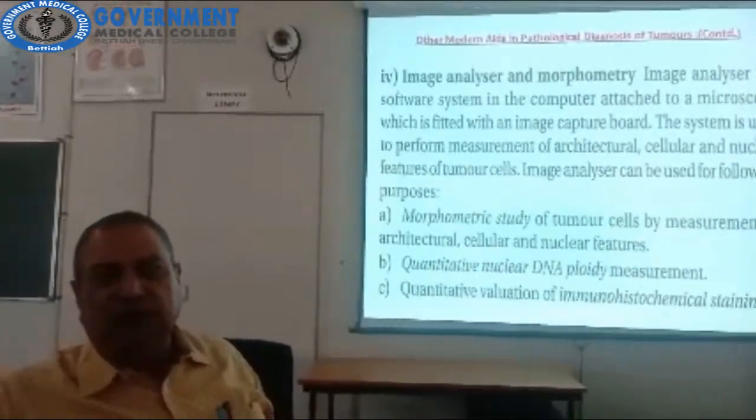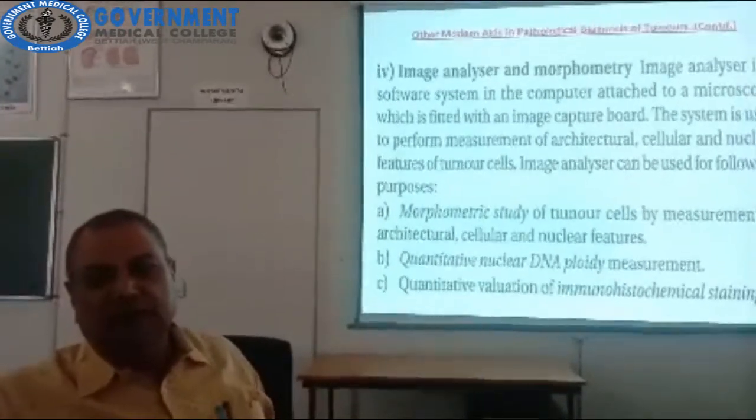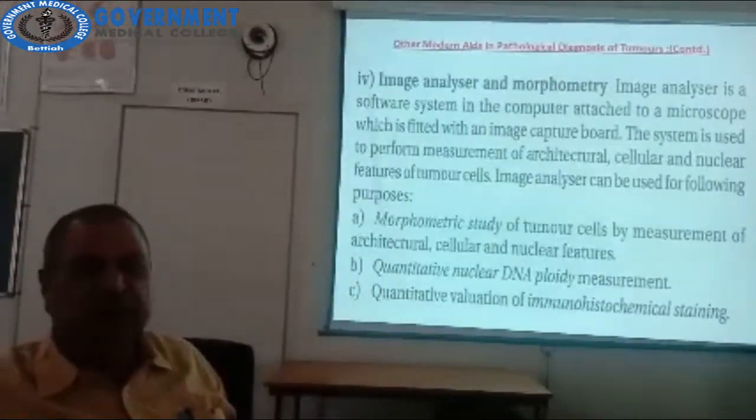Other modern aids: image analyzer and morphometry for morphometric study of the tumor, quantitative nuclear DNA ploidy, and quantitative evaluation of immunohistochemical stain.